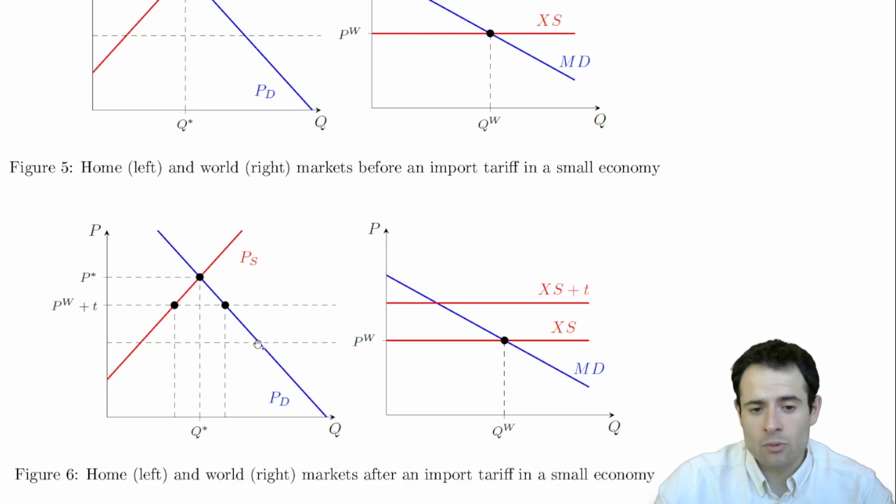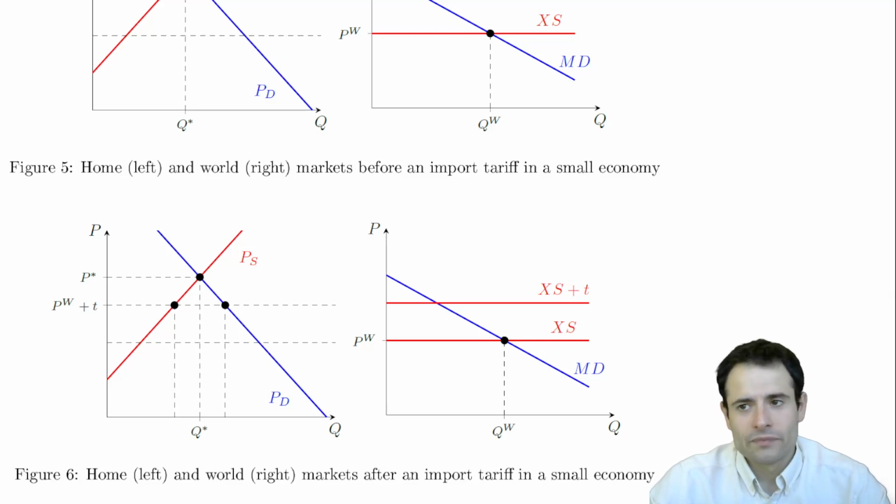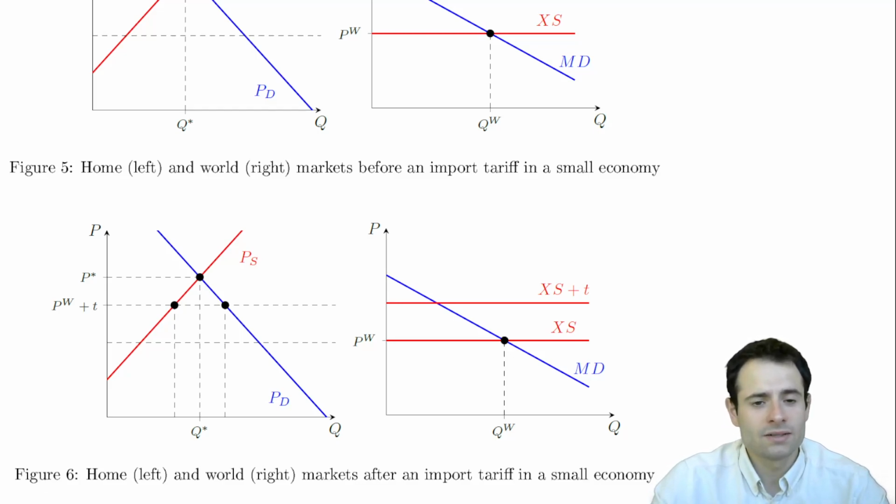Producers used to sell at a price equal to PW. That would be their surplus. Now they have to sell at a price equal to PW plus T, but, well, they perceive this price from the home consumers, and this goes fully into their pocket.